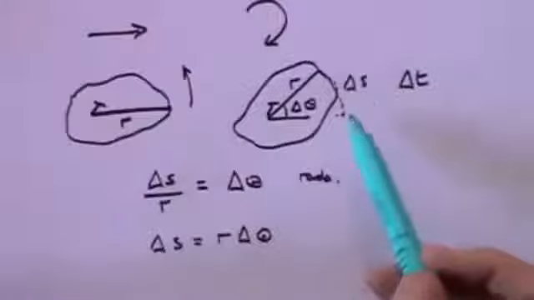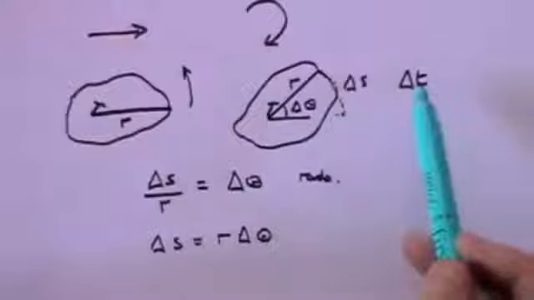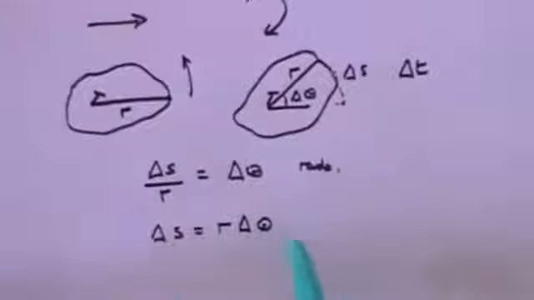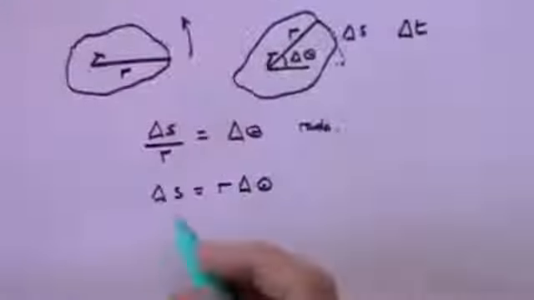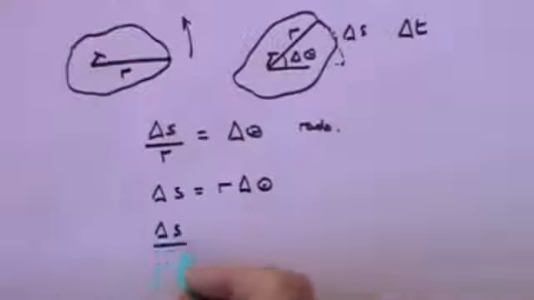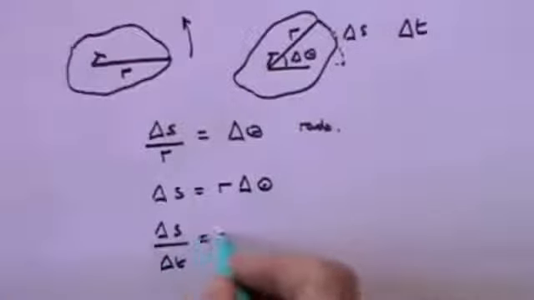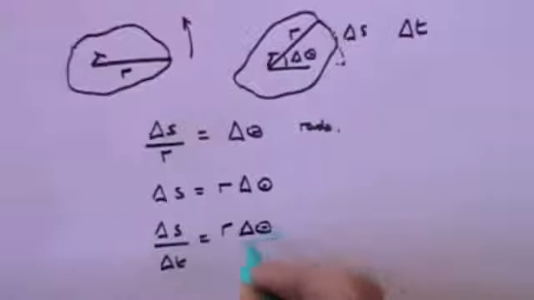Now, we covered the distance delta S in a time delta t, so let's divide both sides of this equation by delta t. Delta S divided by delta t equals r delta theta divided by delta t.